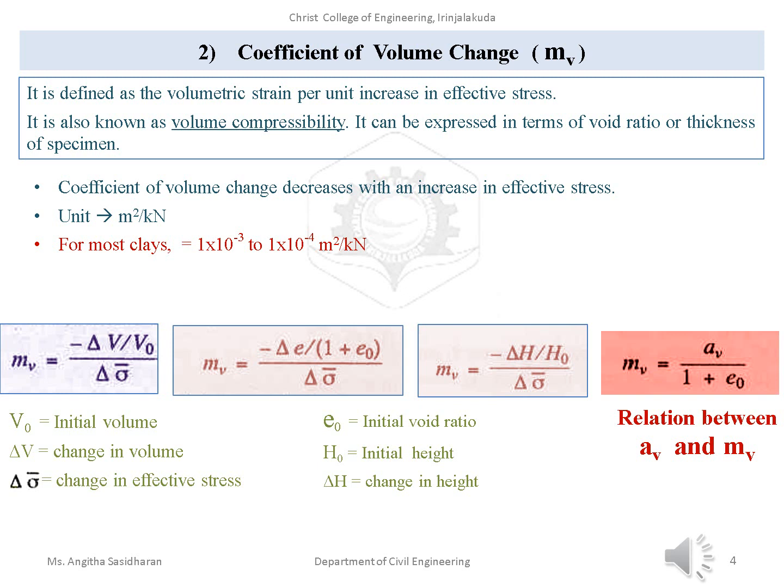This is also known as volume compressibility, and it decreases with an increase in effective stress. The unit is meter square per kilonewton, and we can relate the coefficient of compressibility a_v and the coefficient of volume change m_v using this expression: m_v is equal to a_v divided by 1 plus e0. The various notations are explained here.